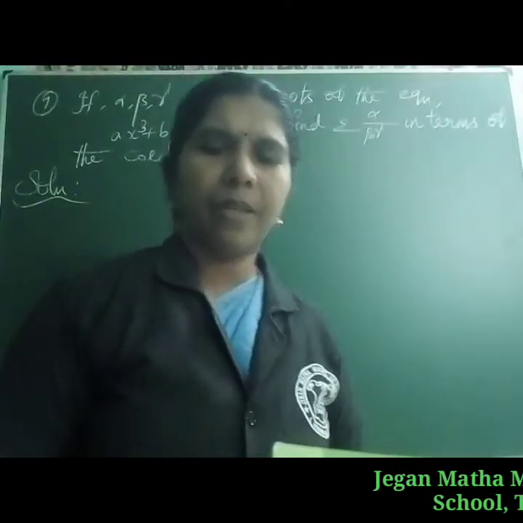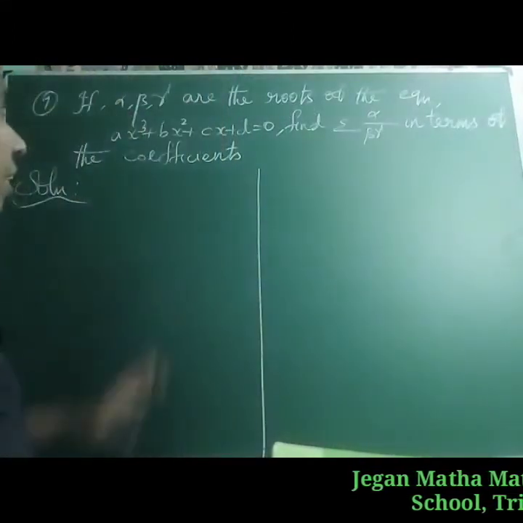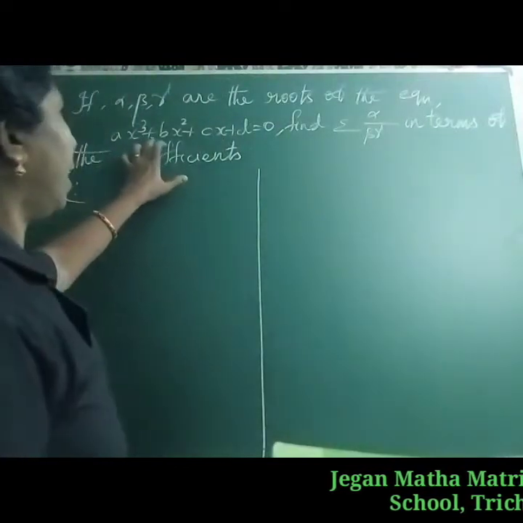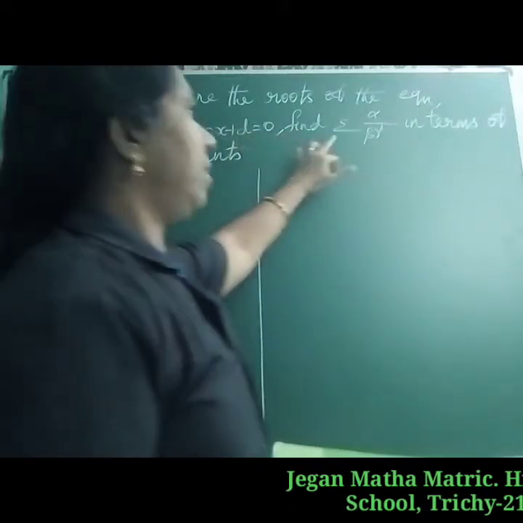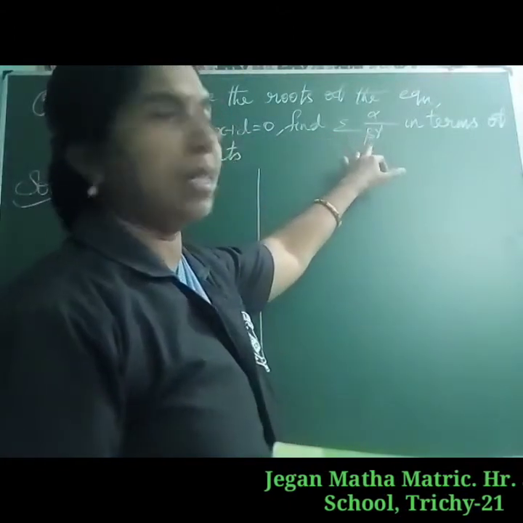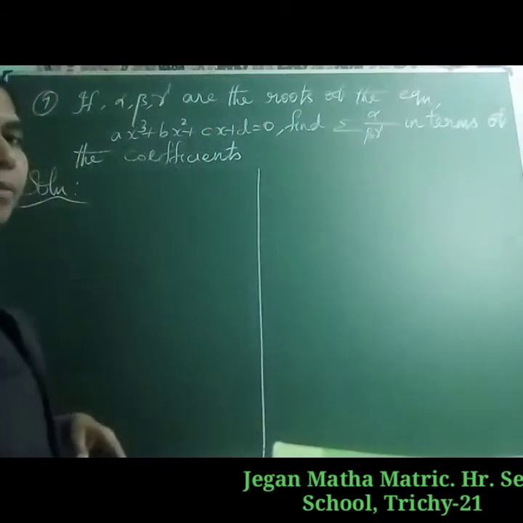Now, question number 7. If alpha, beta, gamma are the roots of the equation ax cube plus bx square plus cx plus d is equal to 0, find the summation of alpha by beta gamma in terms of the coefficients.